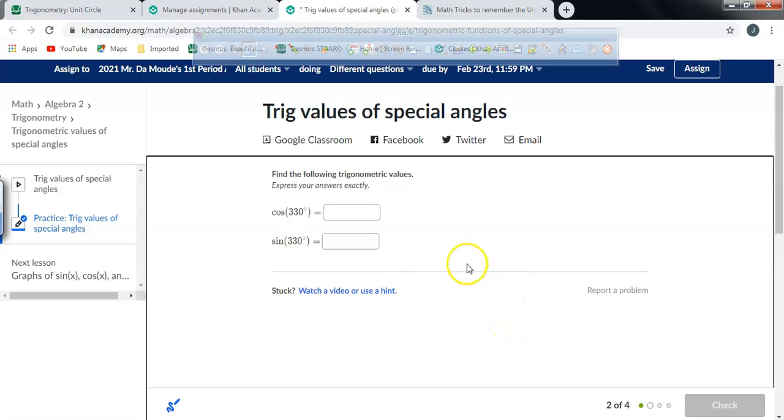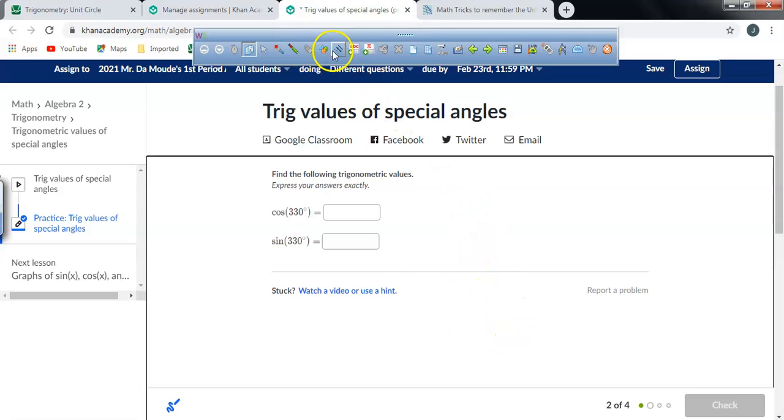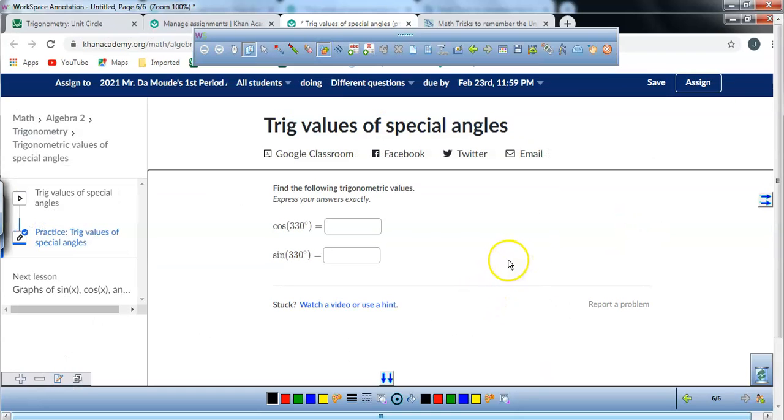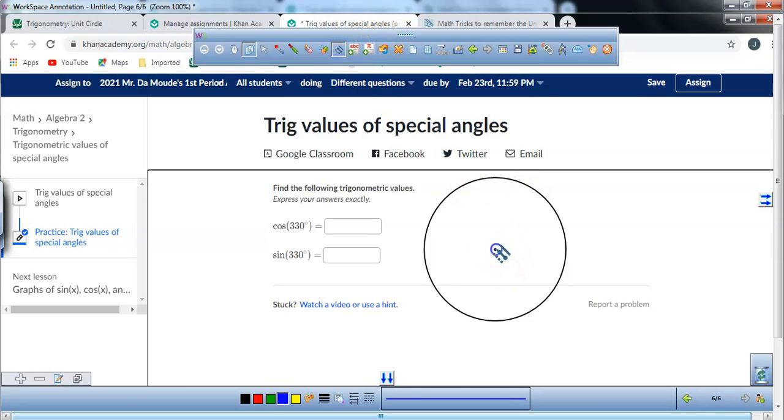All right. Cosine 330, sine 330. We're dealing with the fourth quadrant right here. So if we started here, 330 degrees, we go all the way around or right about there. Makes us another 30, 60, 90 triangle.